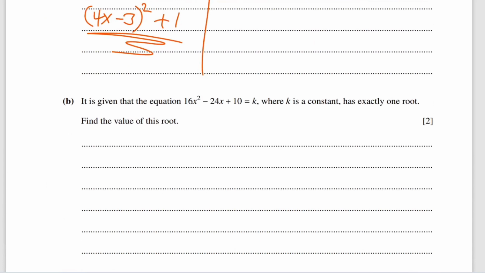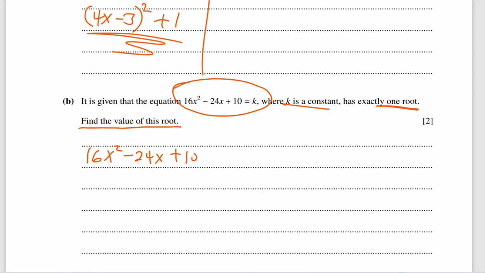All right, then we are told that given this equation, where k is a constant, it has exactly one root. Find the value of this root. Okay. Now, you need to understand one thing, that there are two ways to solve this particular question. You can either go 16x squared minus 24x plus 10, minus k is equal to 0.